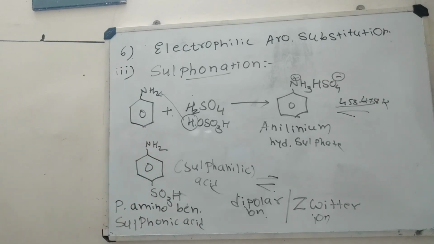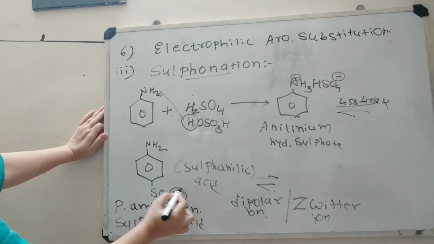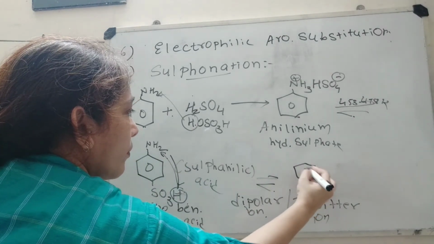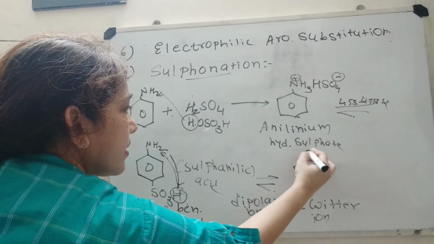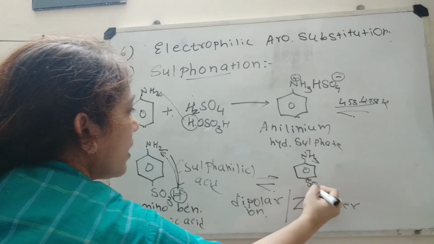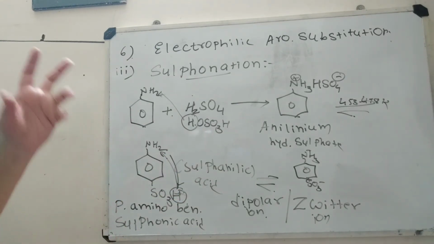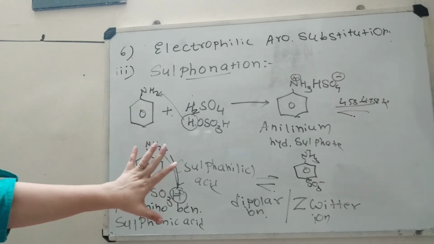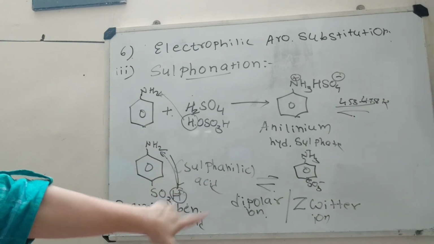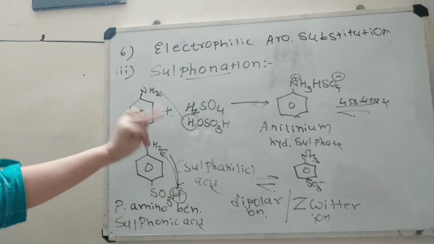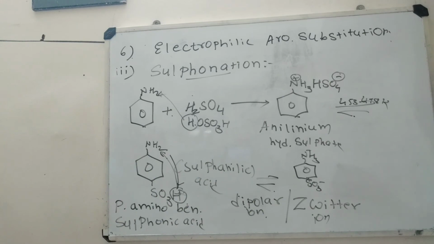And in this case, this hydrogen can shift, to form NH3 plus and SO3 minus, and it is nothing but the Zwitter ion, which acts as both acid as well as base, hence it is known as a dipolar ion. And this hydrogen can be shifted either to the base or to the acid to form the Zwitter ion.